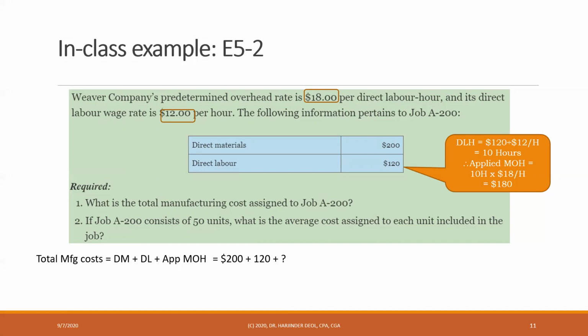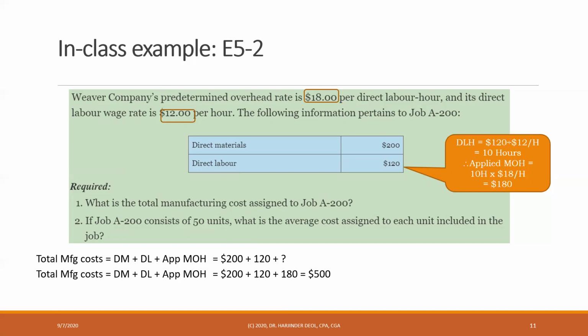Once we know that the company had worked 10 direct labor hours, we can then calculate applied manufacturing overhead by multiplying those 10 hours by the $18 an hour of predetermined overhead rate to get $180 for the applied manufacturing overhead, which means our total manufacturing cost is now $200 for direct materials, $120 for direct labor, $180 for the applied manufacturing overhead to get a total of $500.